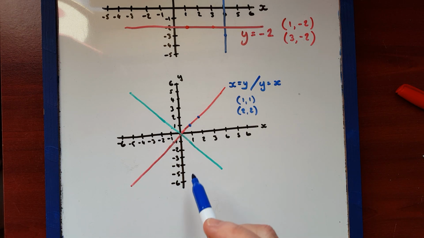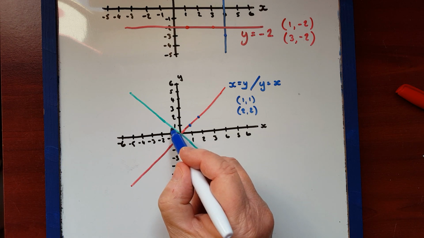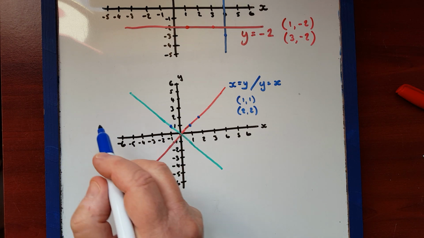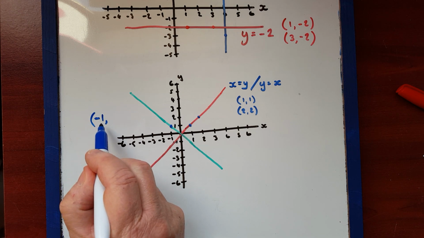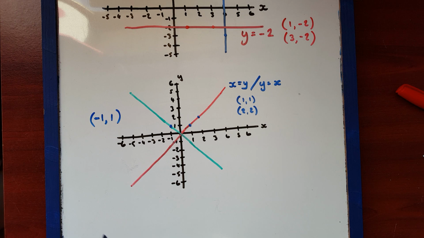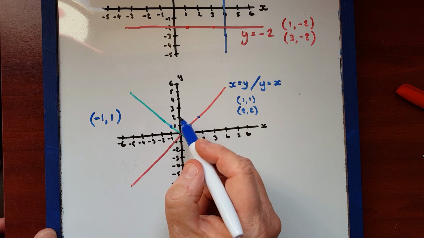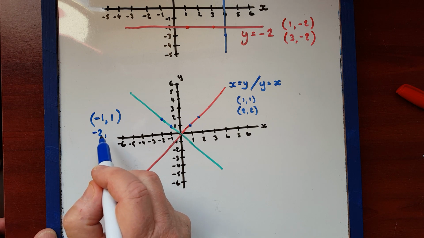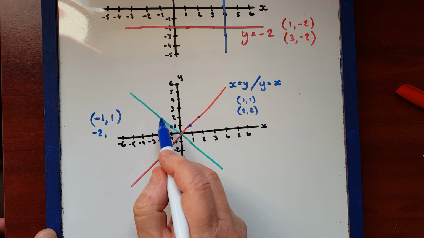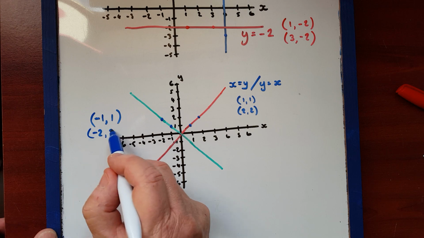On this other side, the line that's going backwards, well, let's take a look at this one. This coordinate here is -1 along the x line and 1 up the y line. And this coordinate here is -2 along the x and then up to 2 on the y.